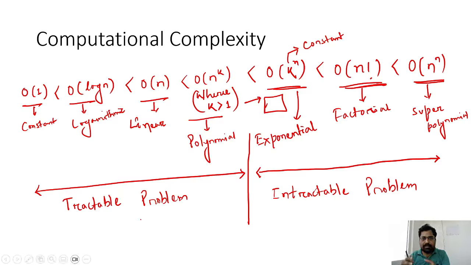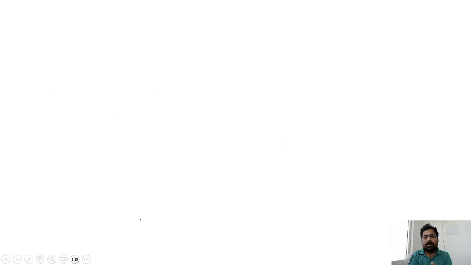Computational complexity we have somehow completed. Now we will go in detail about P and NP. Before that, we should be discussing what is the upper bound for us.